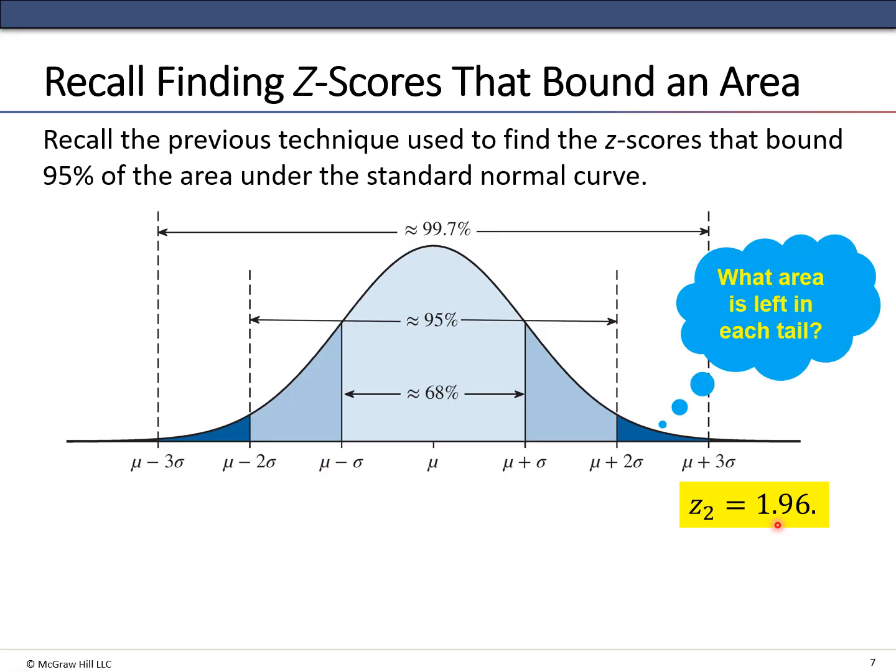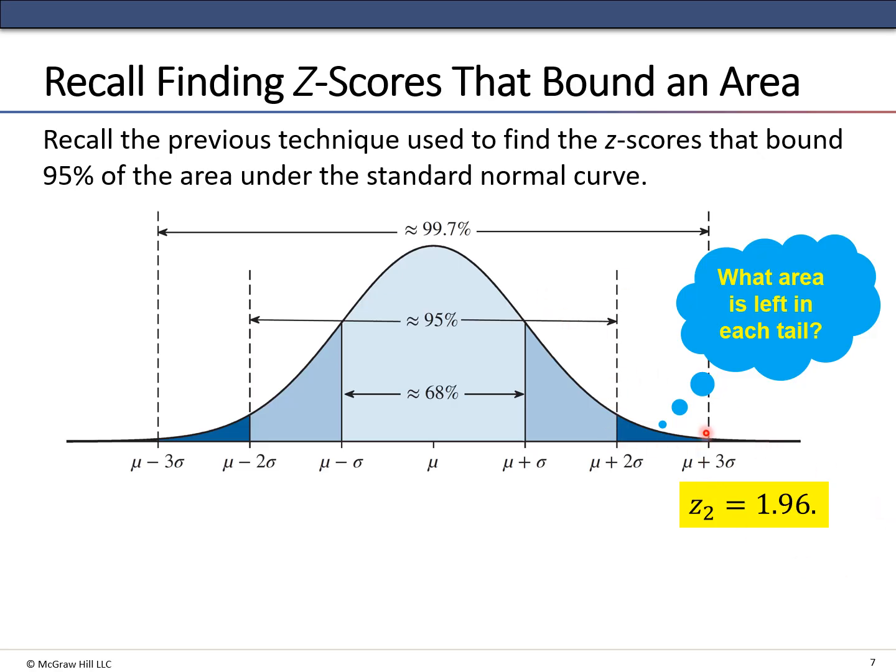And remember, we would look in the table then to find the area inside there. This would not be 95, because if we have 95% here between these two dark tails, that means we have 5% left in both tails, or 2.5% in just one tail. So how do we find this z-score?